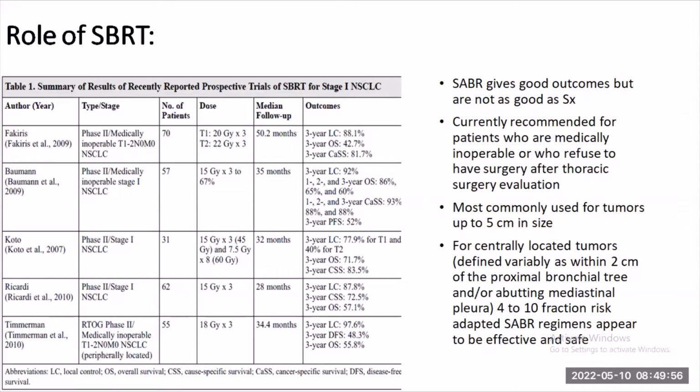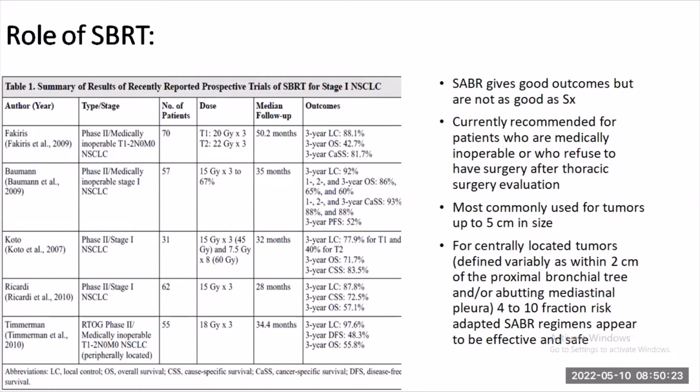So it gives a good local control, but we also need to understand that these are mainly phase 2 studies, usually single arm studies. They have not been compared with surgery. There is one pooled analysis from the National Cancer Database where they found that 3-year survival is around 55% with lobectomy, while it is only 29% with SBRT.